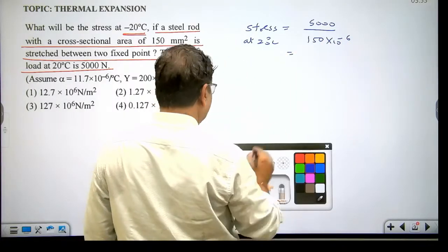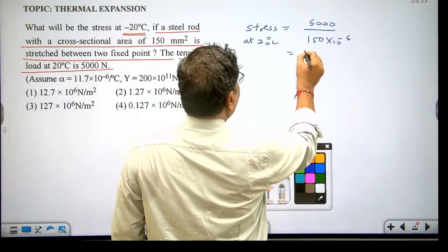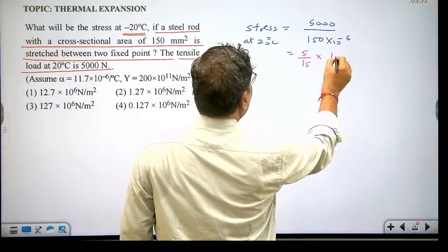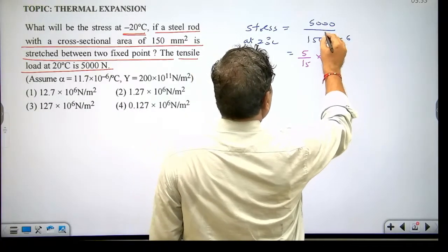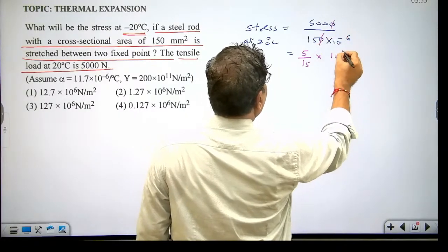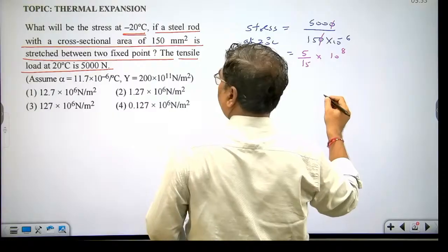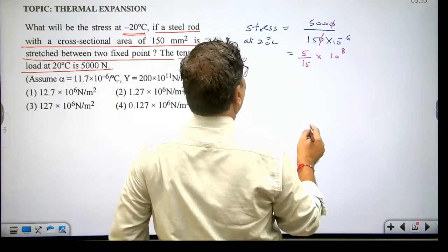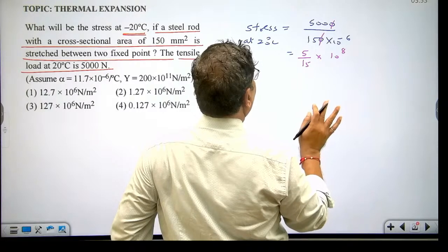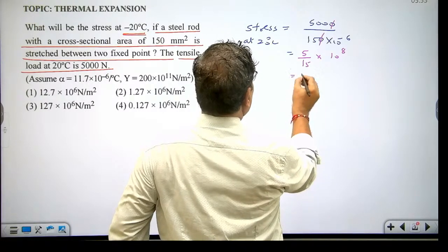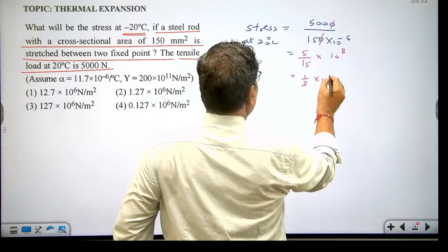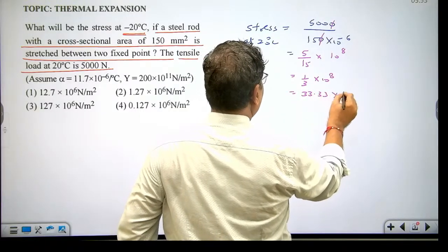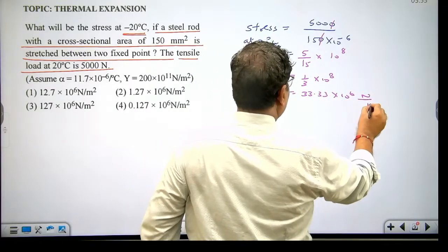So this will become 5 upon 15 into, this 0 will get cancelled, this is 10 power 8. 5 upon 15, so 1 upon 3 into 10 power 8. So this is 33.33 into 10 power 6 Newton upon meter square.